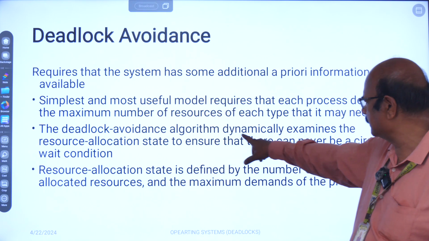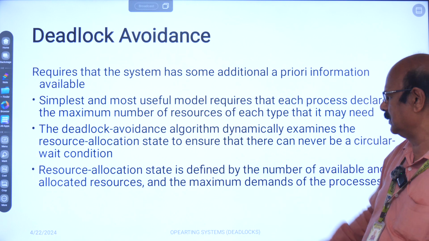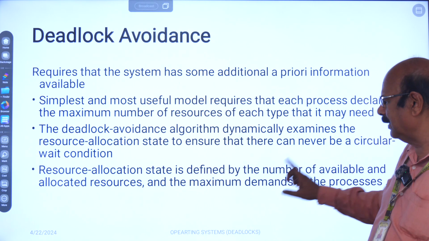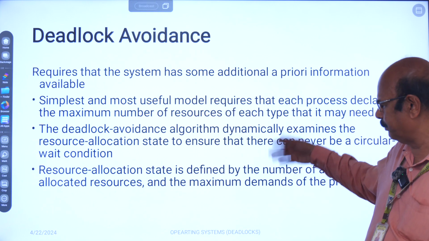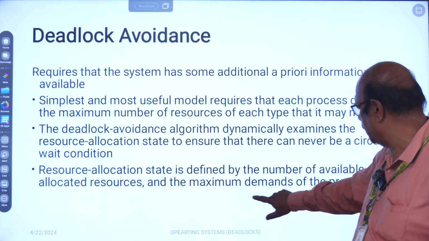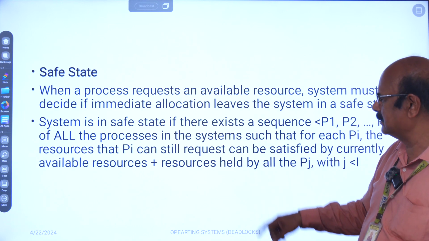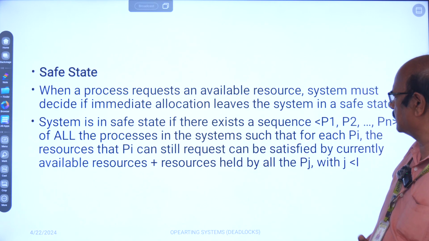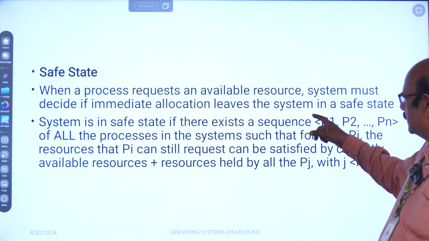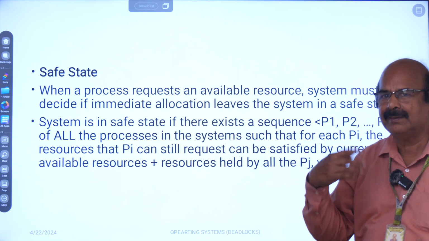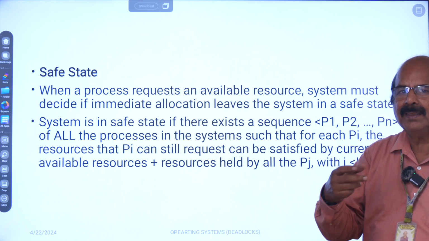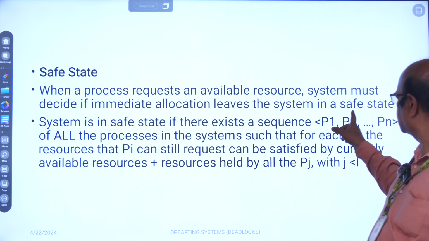The deadlock avoidance algorithm dynamically examines the resource allocation state to ensure that there can never be a circular wait. The resource allocation state is defined by the number of available and allocated resources and the maximum demands of the processes. Some kinds of problems we are also going to see in that. Safe state: this is also one of the things. When a process requests an available resource, the system must decide if immediate allocation leaves the system in a safe state.